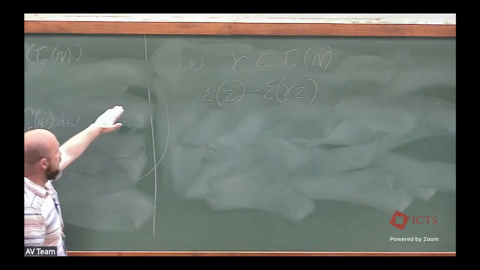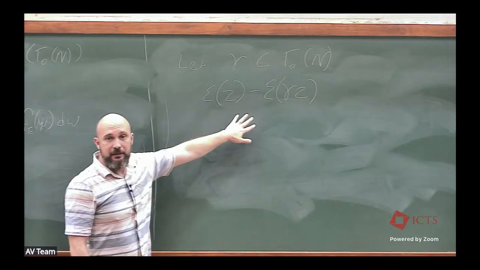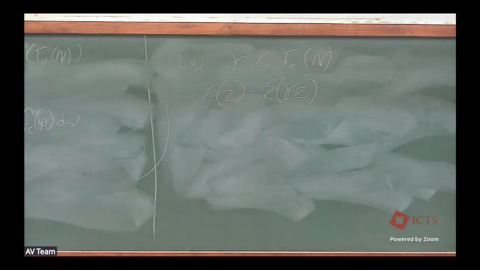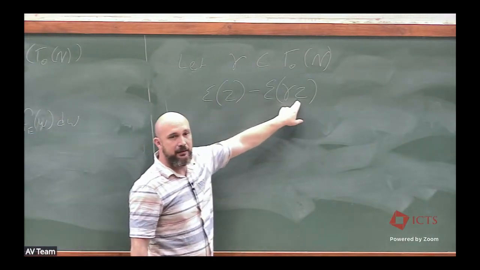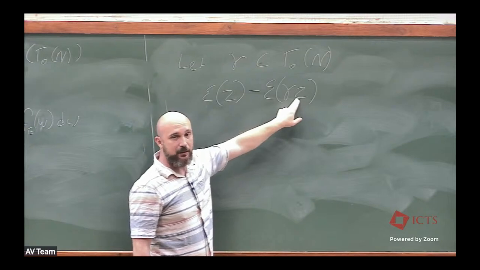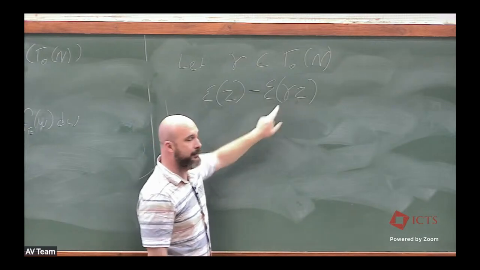Now again, if I take the derivative of this, I get a modular equation for my cusp form, so the derivative has to be 0. That means this cannot depend on z. This is independent of z. It only depends on gamma.